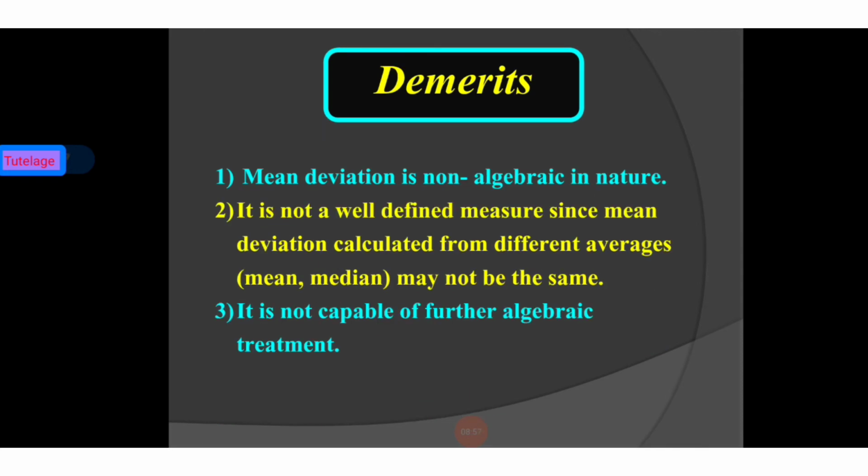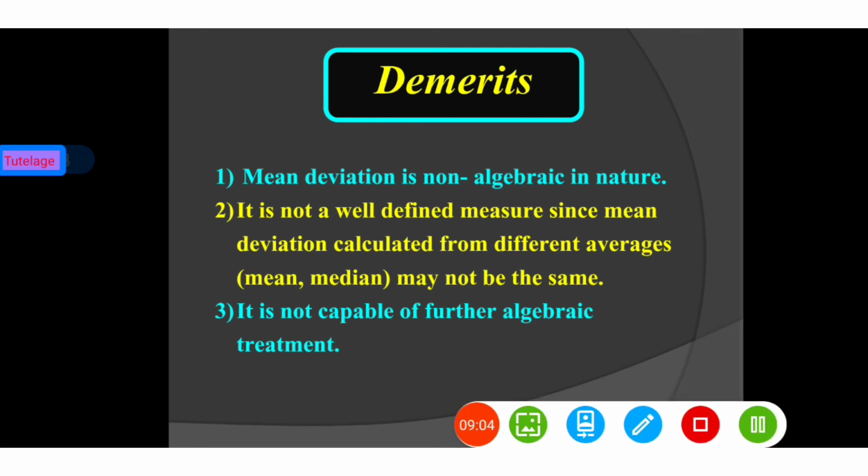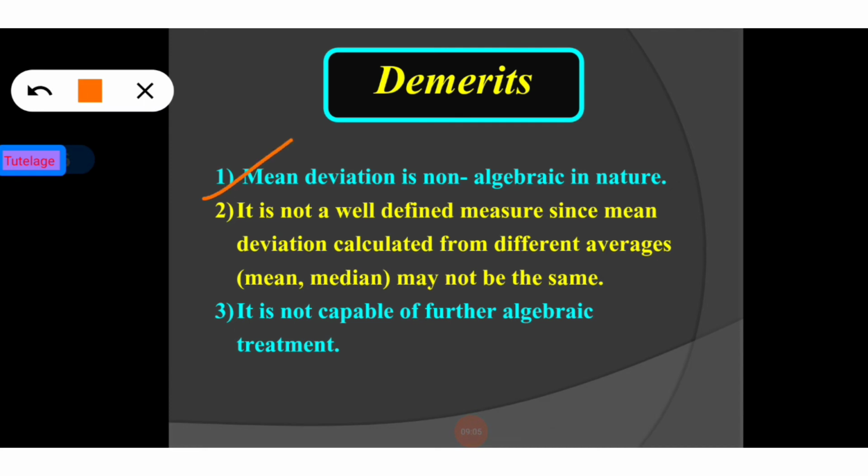So here we can see some disadvantages of the mean deviation. So mean deviation is non-algebraic in nature, because we have already told we are taking only the absolute values without considering the algebraic sign.